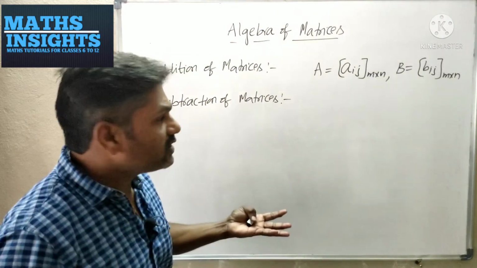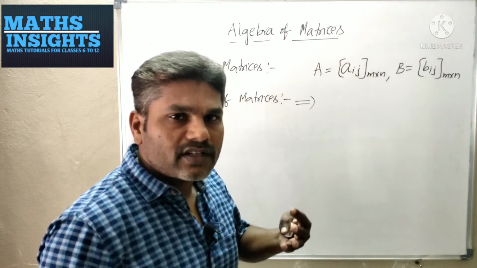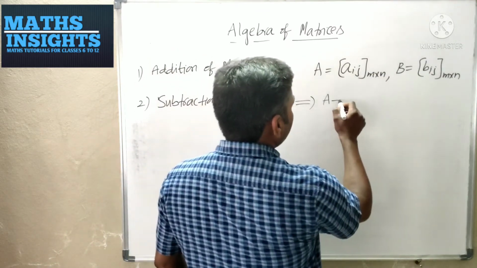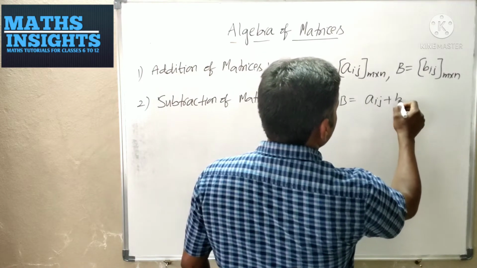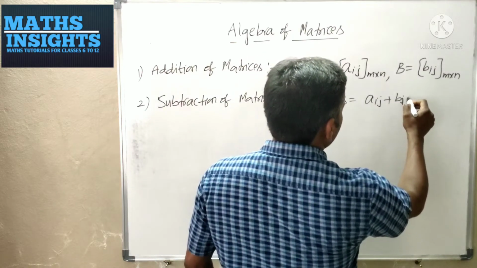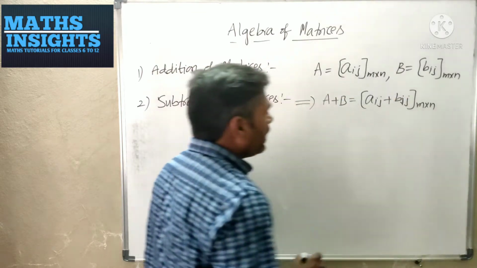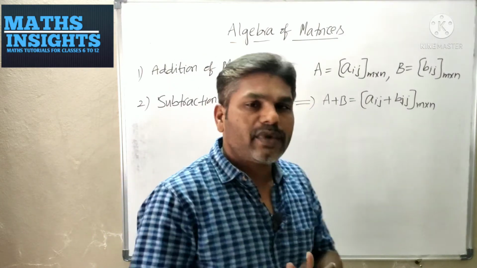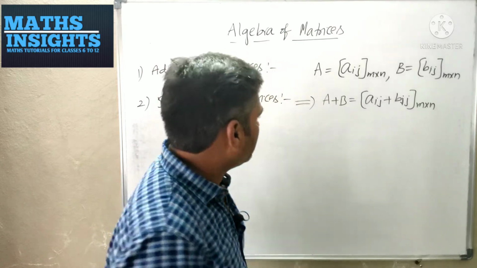Why? Because as we discussed, A and B are conformable for addition only if they are of the same order. So A plus B equals Aij plus Bij, whose order is also m by n. When you add two matrices of orders m by n and m by n, the resulting matrix will also be of order m by n.